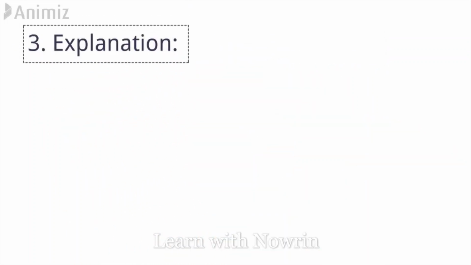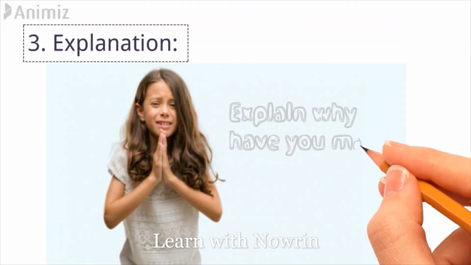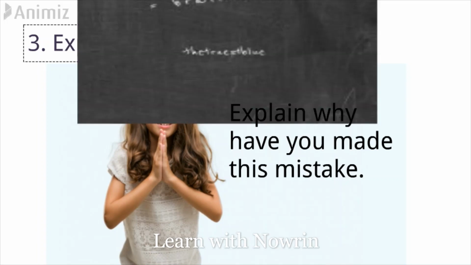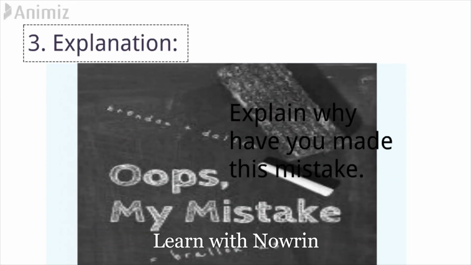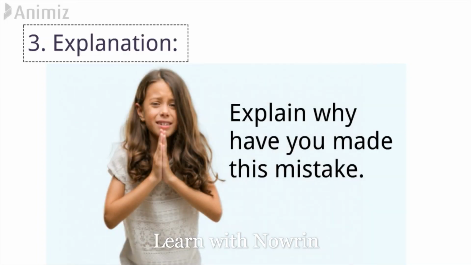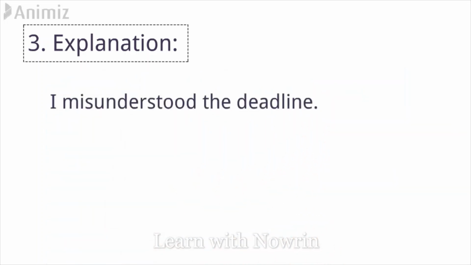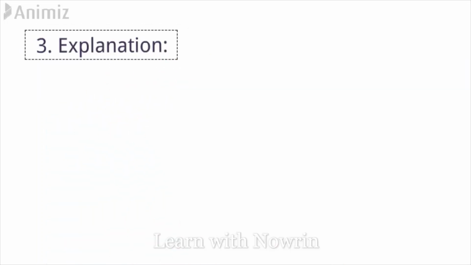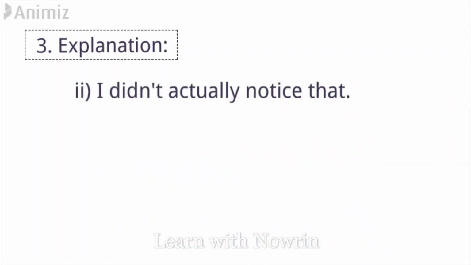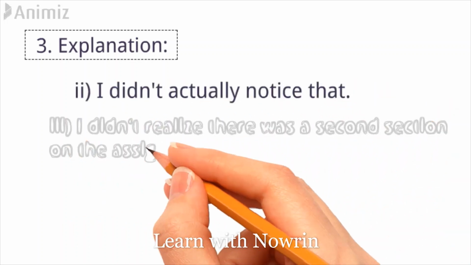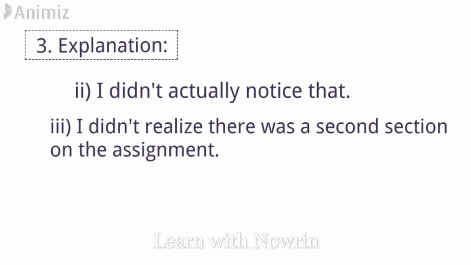Third point is explanation. That means you will provide an explanation to the listener. Why have you made this mistake? You can use phrases like, I misunderstood the deadline, I didn't actually notice that, or I didn't realize there was a second section on the assignment.